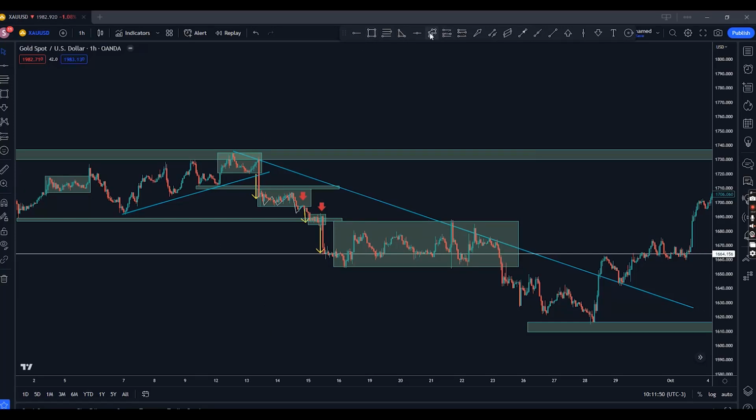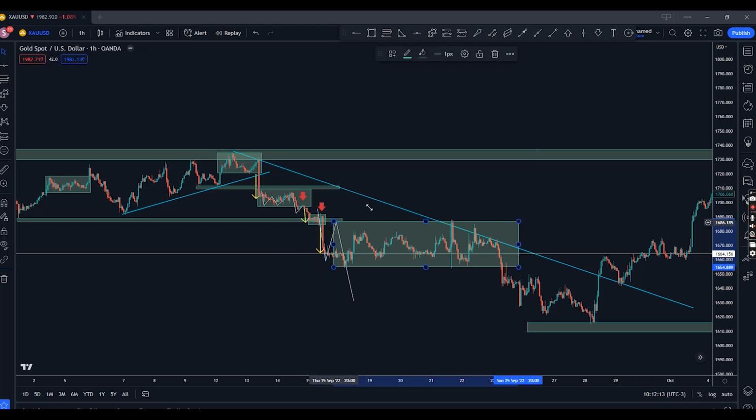We say if the market is coming down like this and coming to retest the level, then it continues its direction, and that's what functioned here. The market was breaking this level, and then needed to come and retest it, and here is the area where the market came to retest it.